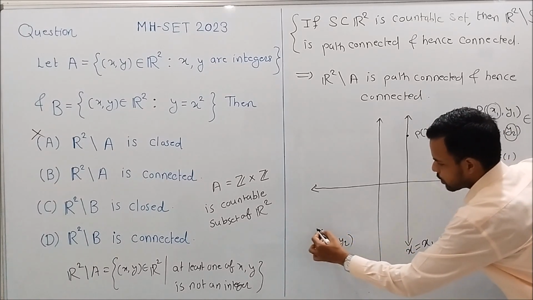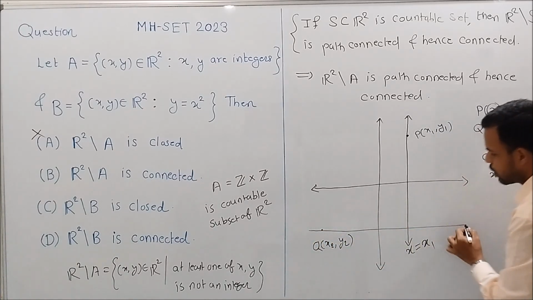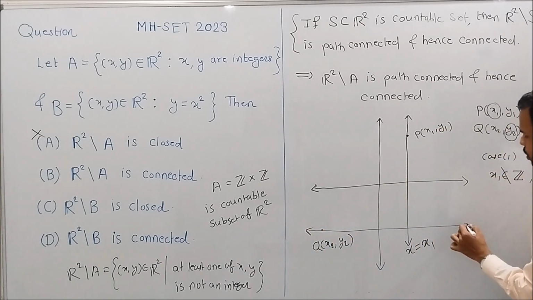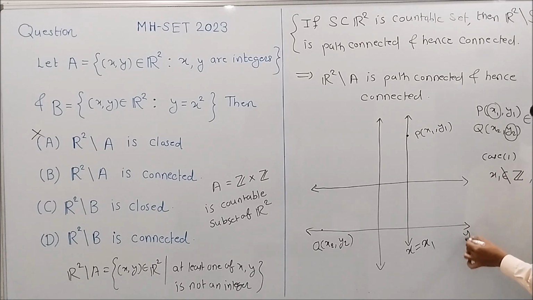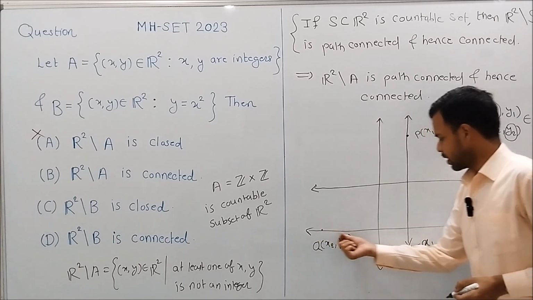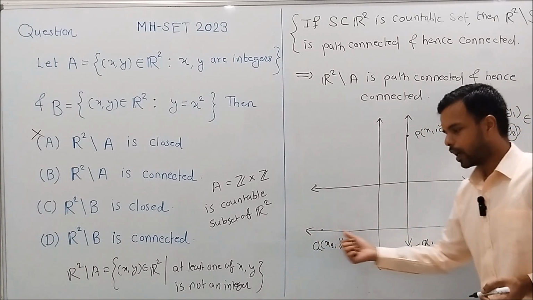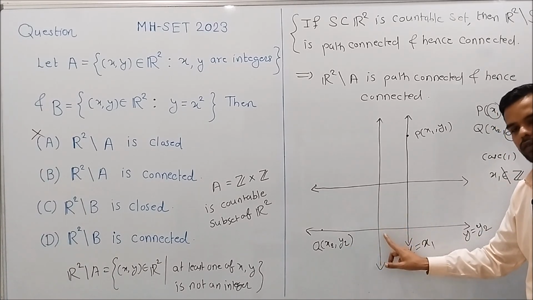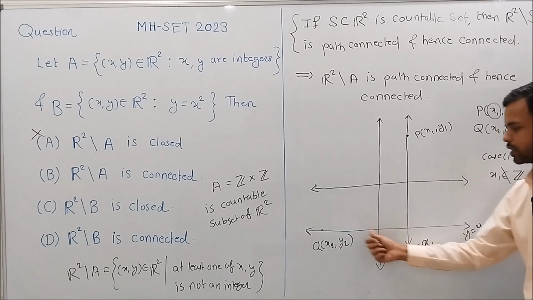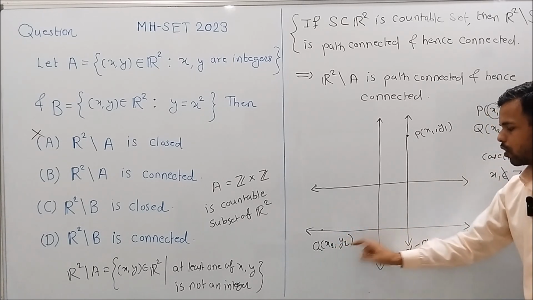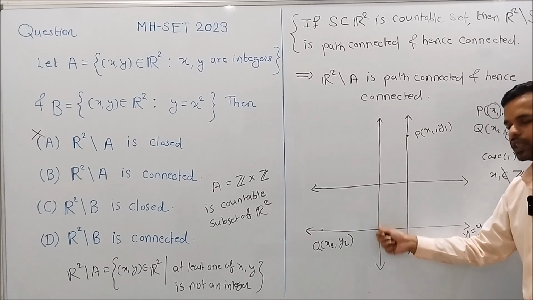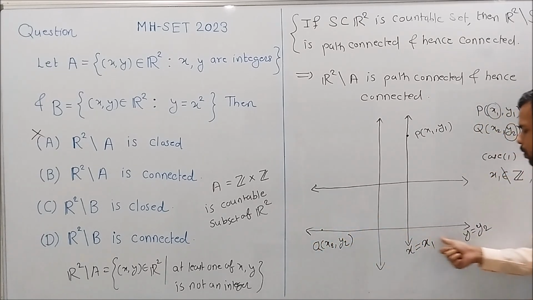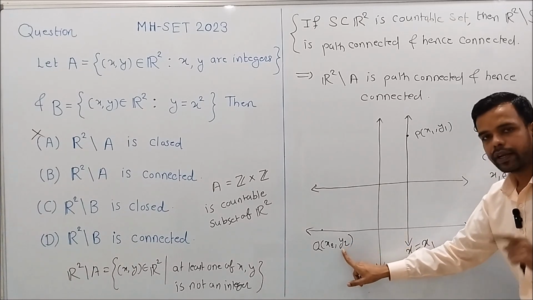Now draw a horizontal line like this, passing through Q. This is given by y equals y2. Every point on this horizontal line has second coordinate y2, because y2 is not changing. What is changing? The x coordinate is changing, but the second coordinate y2 is fixed.